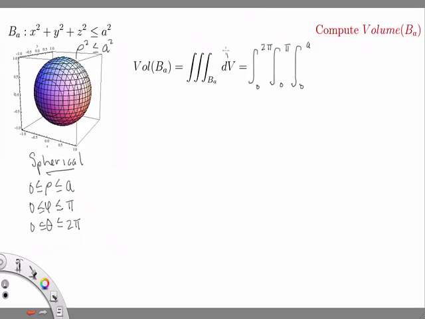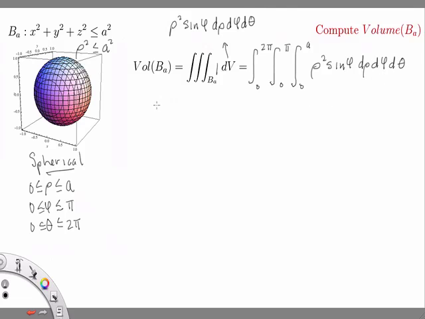Now the only thing we have left to do is convert dV into spherical coordinates, and dV is equal to rho squared sine phi d rho d phi d theta. To compute the volume, of course, we integrate 1 dV, and so now we integrate 1 times rho squared sine phi d rho d phi d theta.